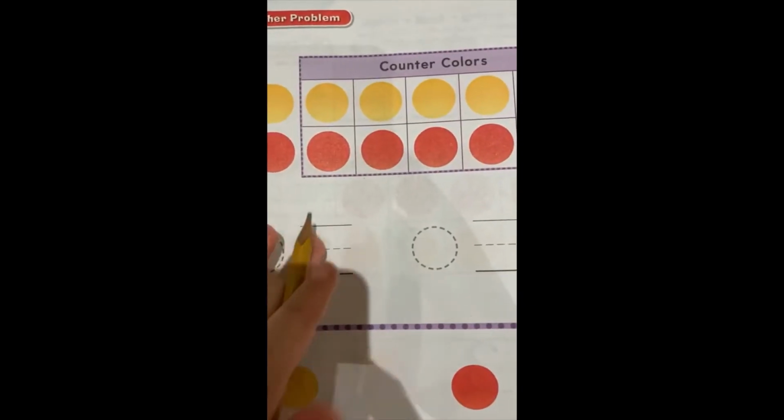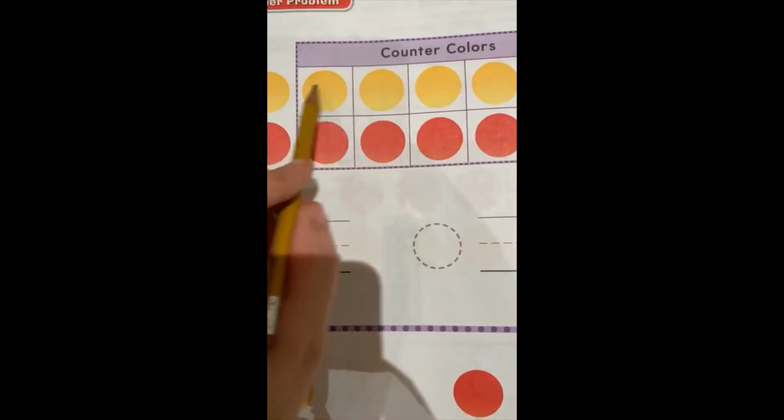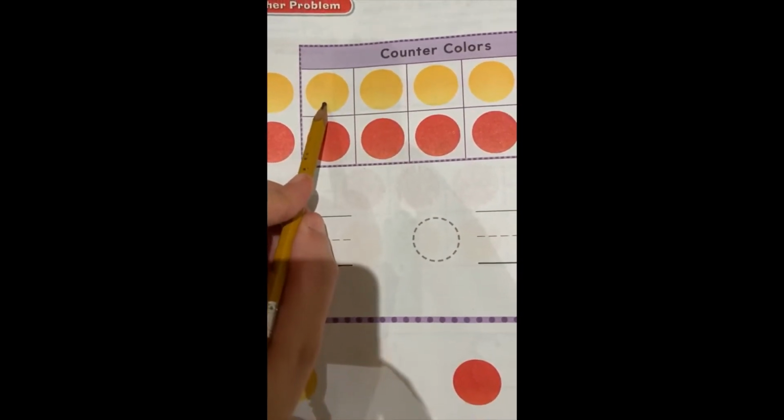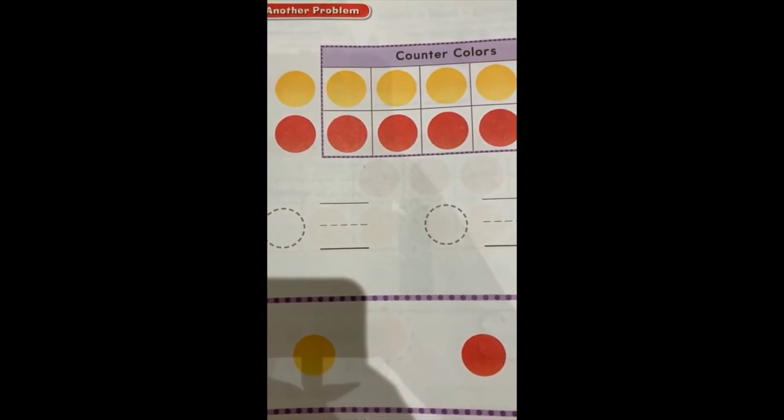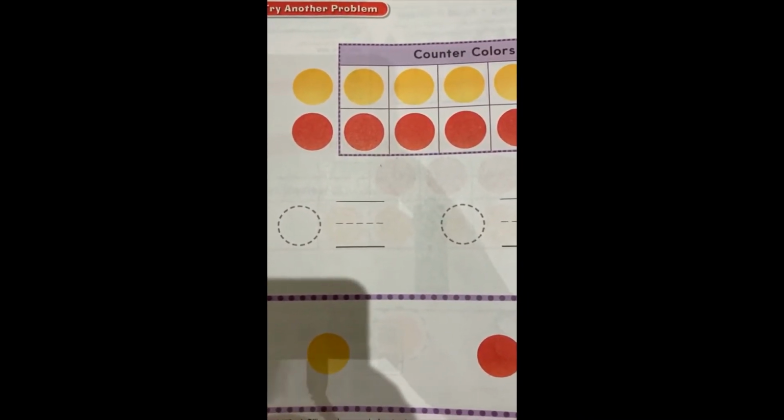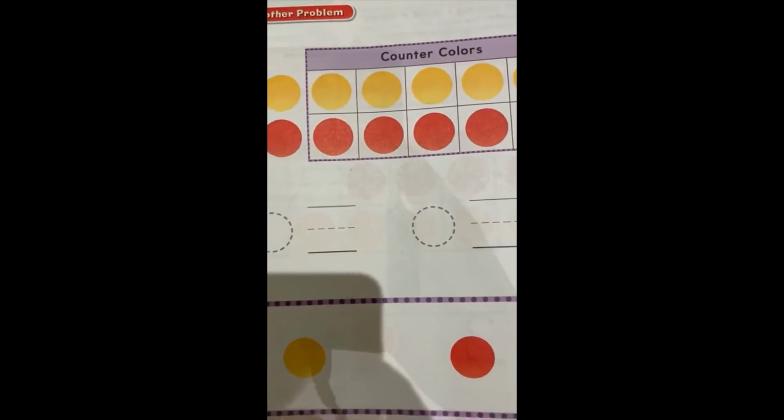Excellent. Now we also have a graph showing yellow and red counters. Let's read the graph together. First, we have yellow counters.